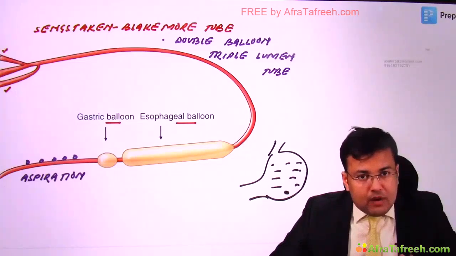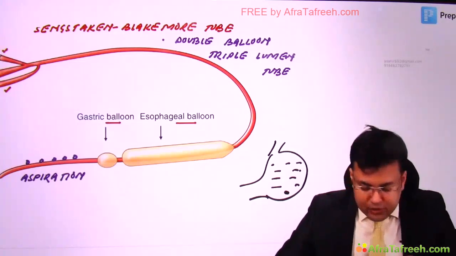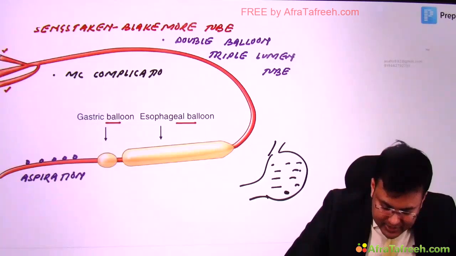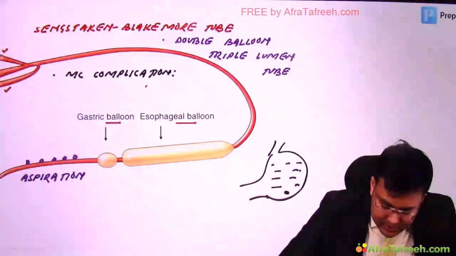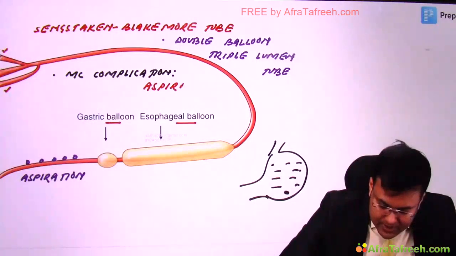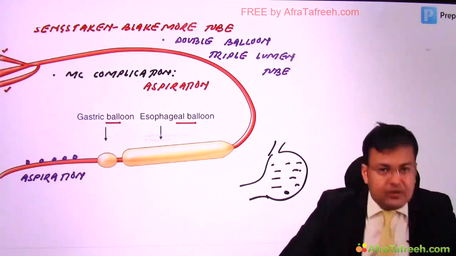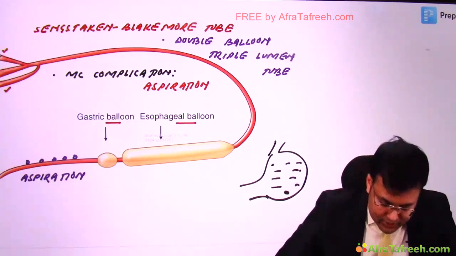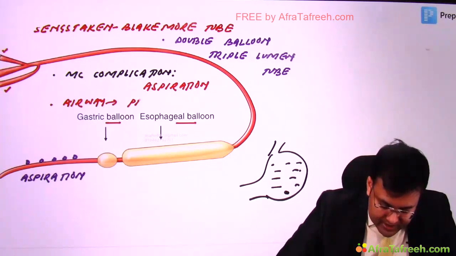So the most common complication of insertion of this tube is aspiration, right? So what should be protected before inserting the Sengstaken-Blakemore tube? The airway should be protected.